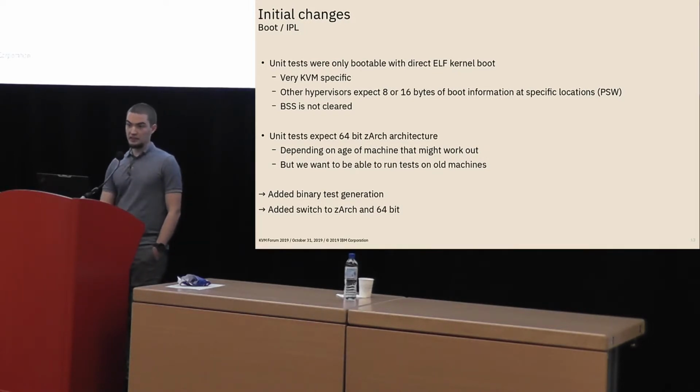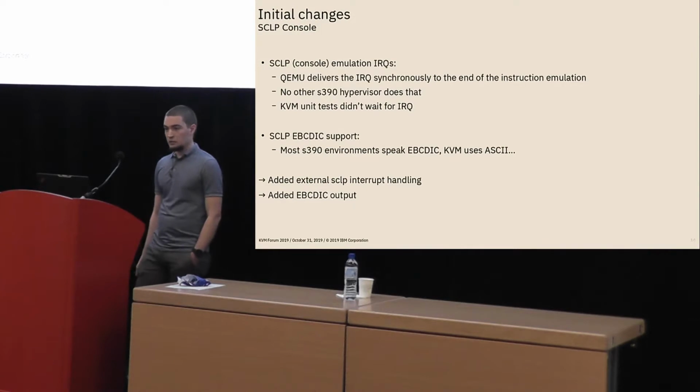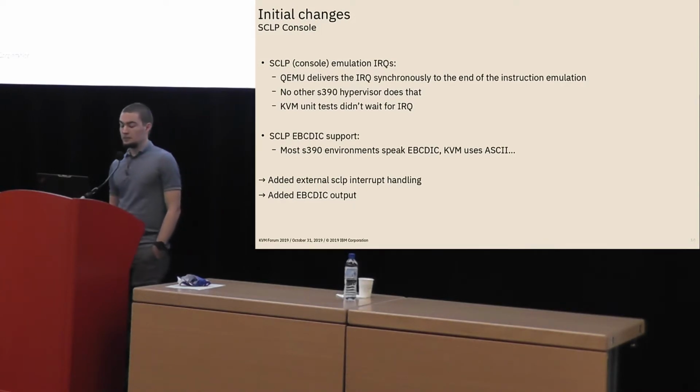Well, then the tests booted up, but unfortunately I was greeted by basically a white screen, because the console absolutely didn't work. In the KVM unit tests, we made the assumption that when we executed the instruction that's responsible for the console, we would get the interrupt together with the end of the emulation of the instruction.